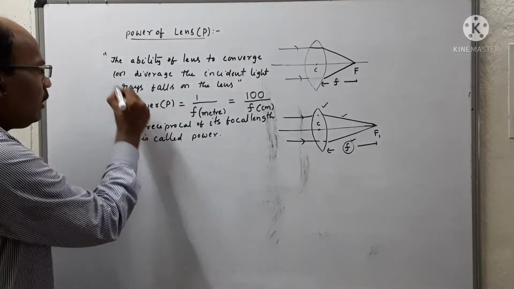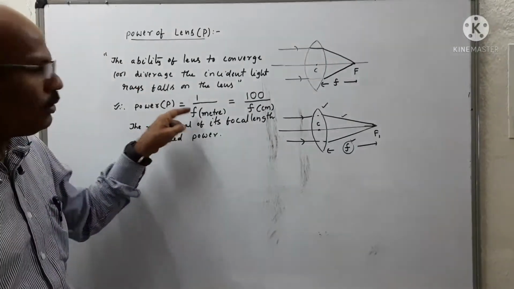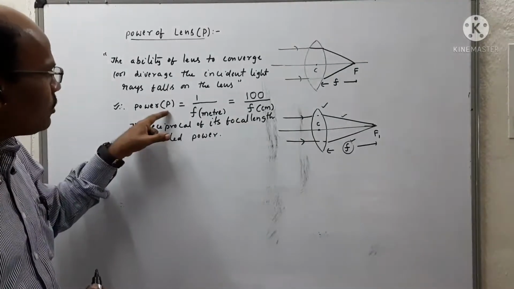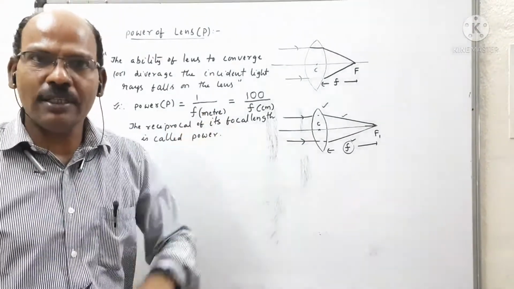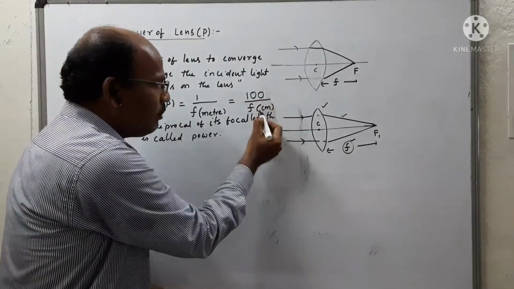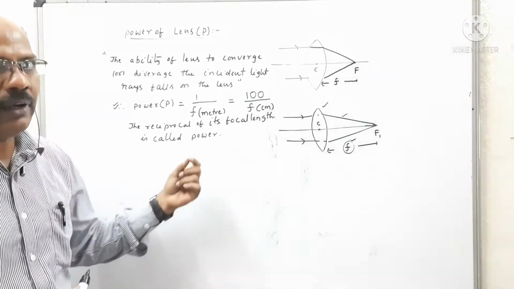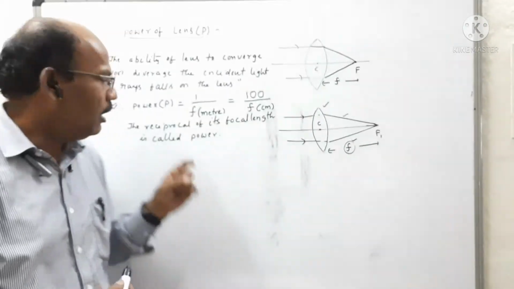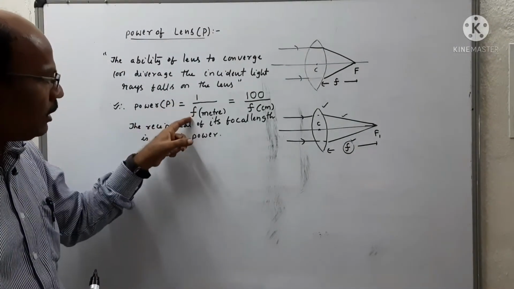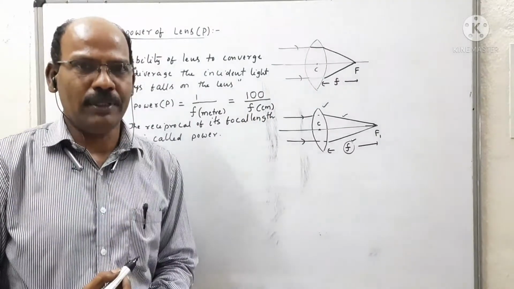To solve simple problems based on power, we can use this formula: power is equal to 1 by focal length in meters, or 100 by F in centimeters. How can we define the power of a lens? The reciprocal of its focal length is called power.